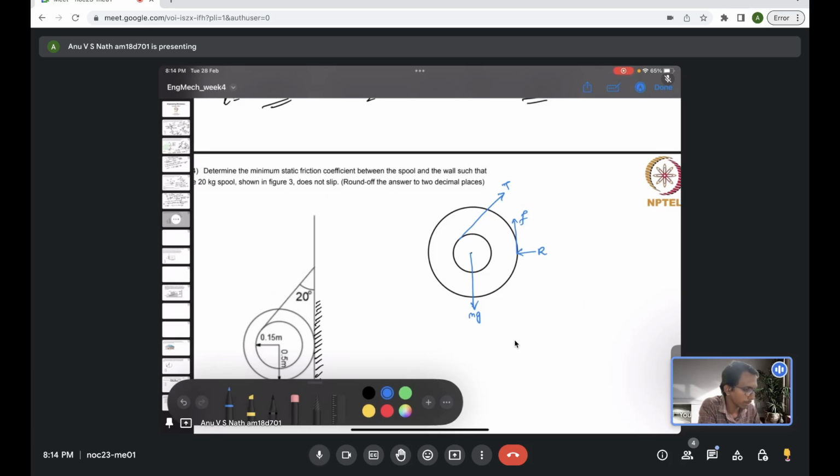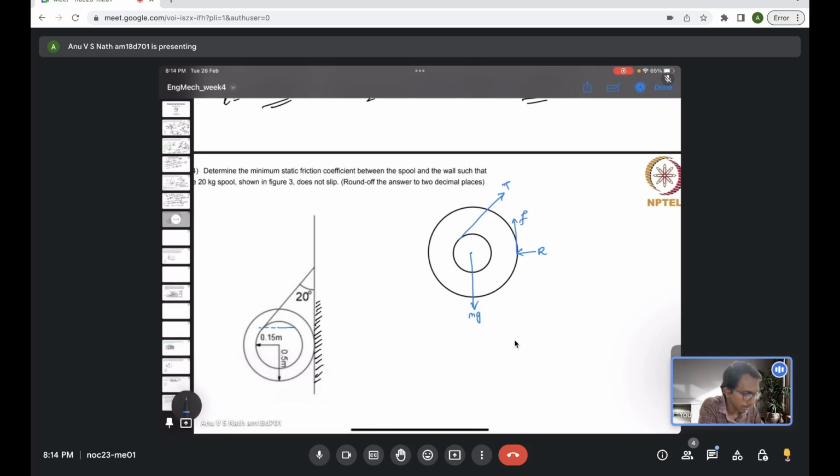So we have horizontal force R, vertical forces mg and f, and an inclined force T, which will have two components, T cos theta and T sin theta, where theta is an angle. If you complete this triangle, you will know theta should be 70 degrees.